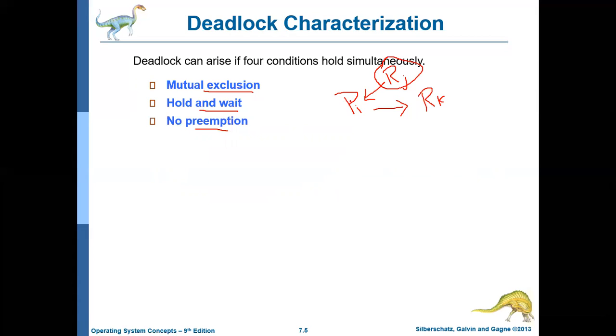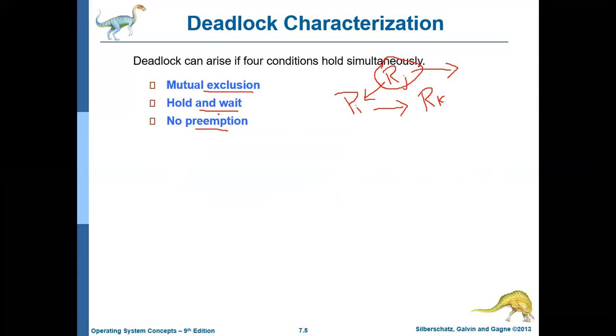If a resource is allocated to a particular process, then the process should voluntarily give up the resource. Until the process voluntarily gives up the resource, the operating system cannot forcefully take the resource out from the process. So that is called no preemption.